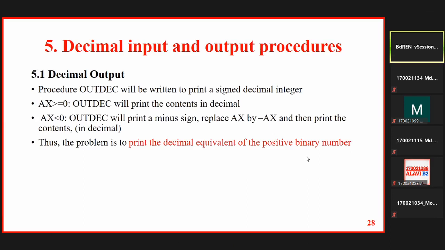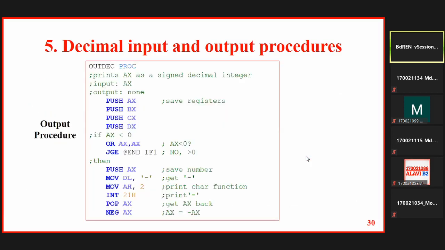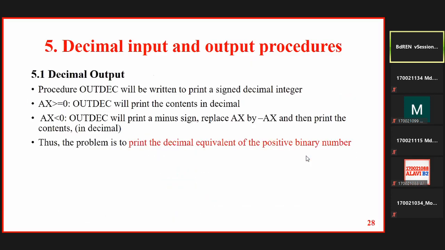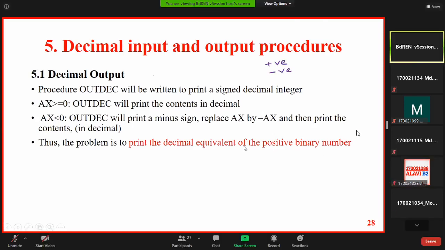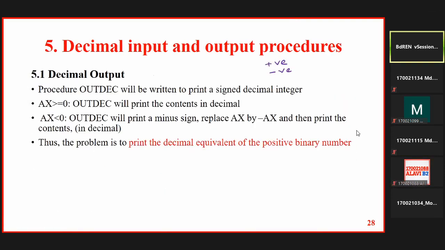So the thing is that if we want a decimal output, this decimal number can be positive or it can be negative. Can you hear me? Yes, sir. So at the beginning, we'll check whether this number is positive or negative.